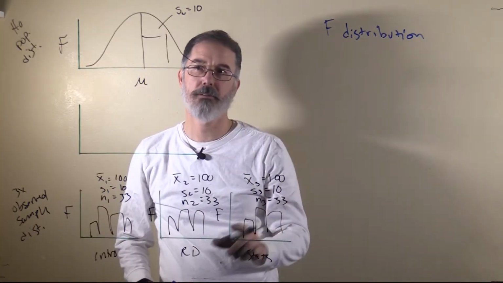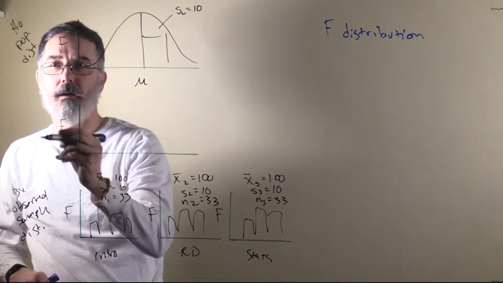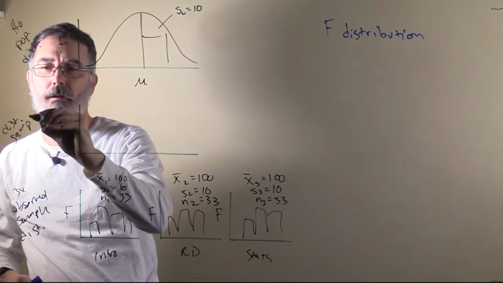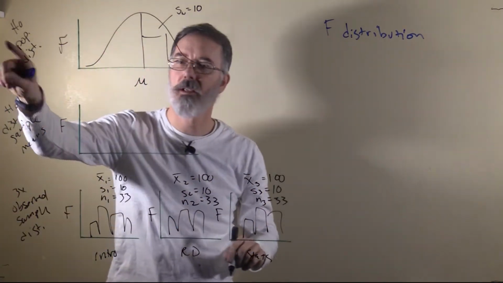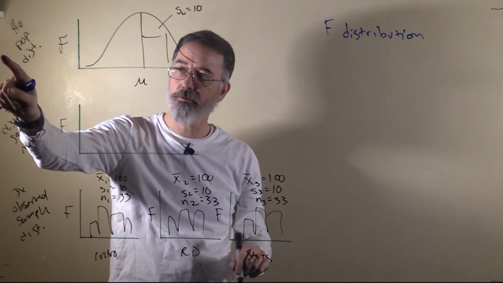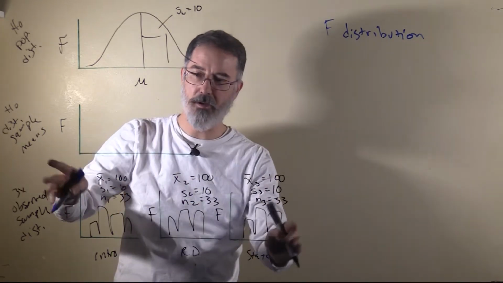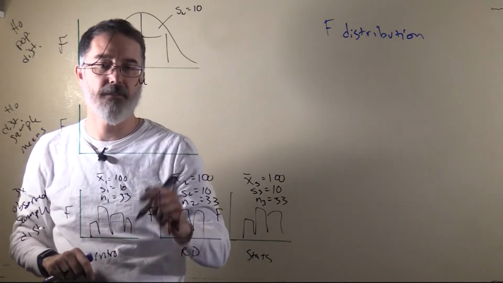The next step to understanding how the F distribution works is to create a distribution of sample means. And recall again, this is all assuming at this point that the null hypothesis is true. If the null hypothesis is true, remember all of these 3 samples are from the same population with the same standard deviation. Our best guess is that standard deviation is 10.